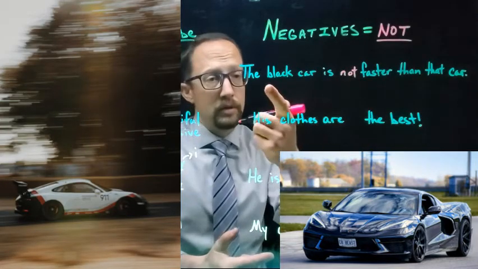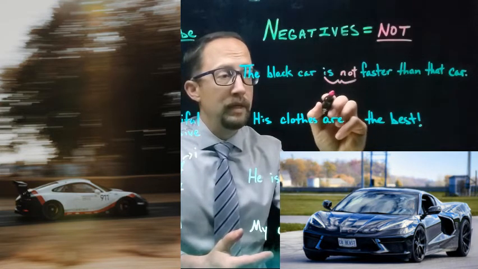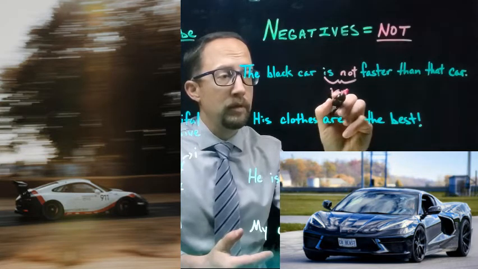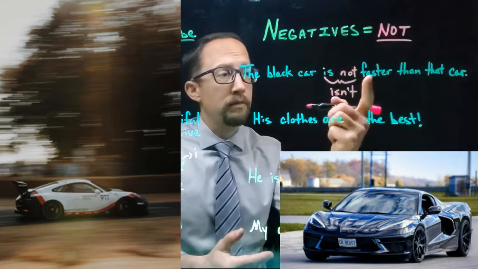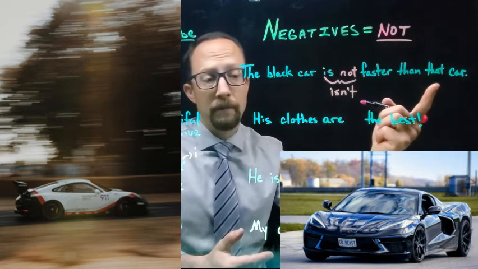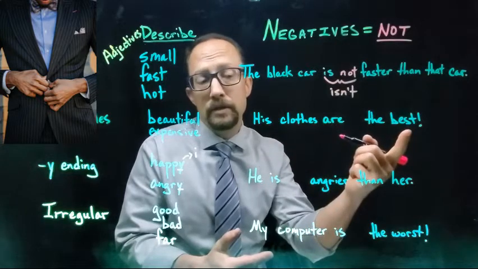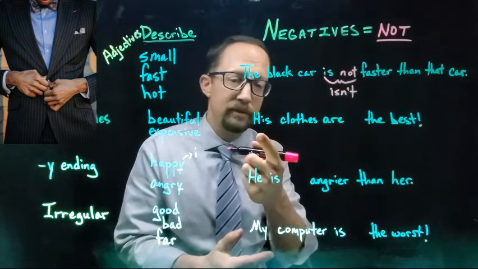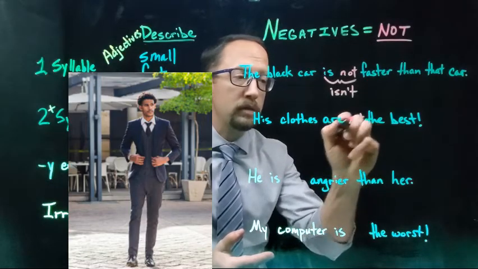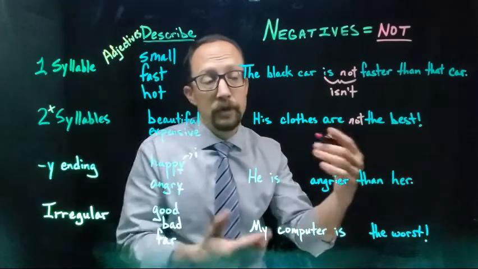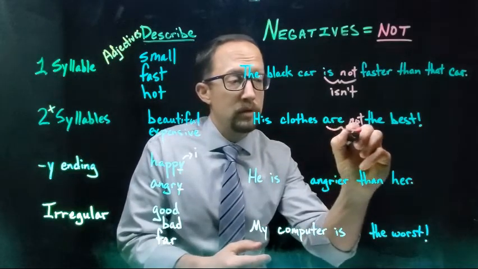You can also say the black car isn't. Remember, this is a contraction. The black car isn't faster than that car. His clothes are the best. No, they're not. His clothes are not the best. You can say his clothes aren't.